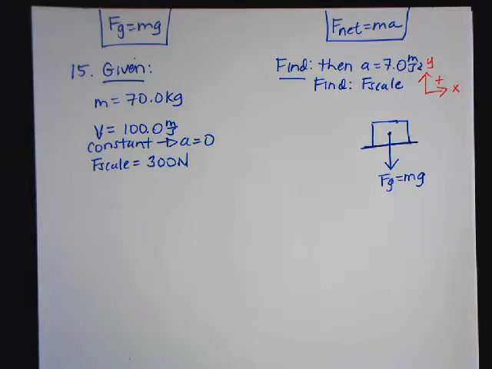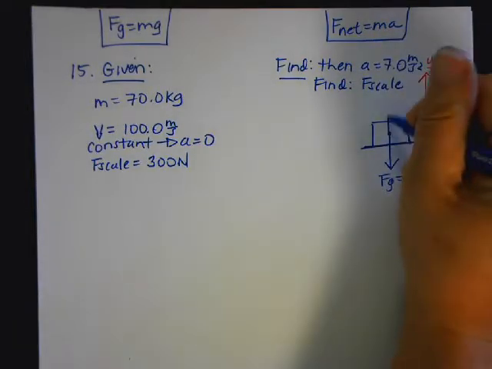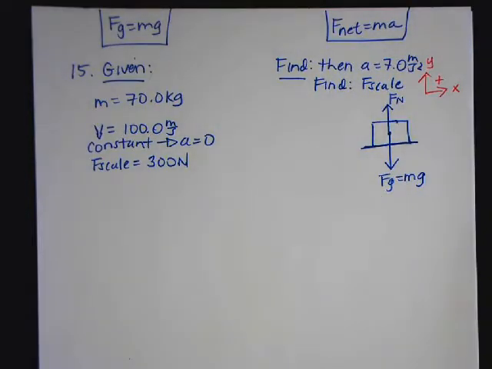Now, we did a lab yesterday where we had our hand pushing on the desk, and the desk exerted an equal and opposite force on our hand, and that was our normal force. So now we're going to draw our normal force here. He's standing on the bathroom scale, and the scale is exerting an equal and opposite force on his feet, and that's the normal force.